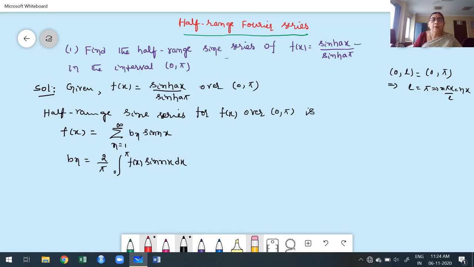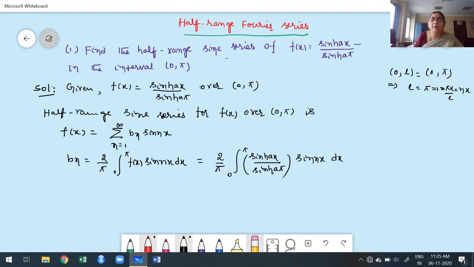In the next step, I want to find the value of f of x into sin nx, because here they are expecting the half-range sine series or Fourier sine series. So bn is 2 by pi, integral from 0 to pi of the function they gave, sine hyperbolic of ax divided by sine hyperbolic of a pi, into sin nx with respect to x.